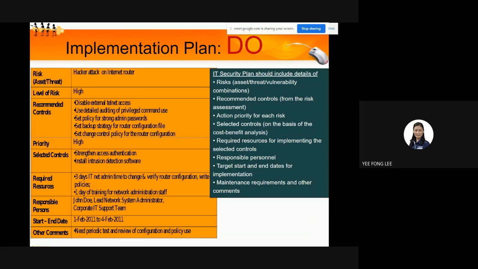The relevant network administration staff also must be notified if there are any changes. Staff members need to be trained on the correct implementation of the new procedures, as well as their rights and responsibilities.